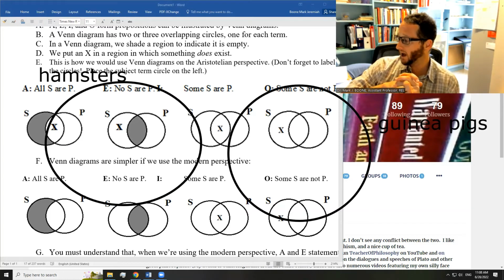Understand this: a categorical statement or a categorical syllogism needs to be able to consider all the possibilities.